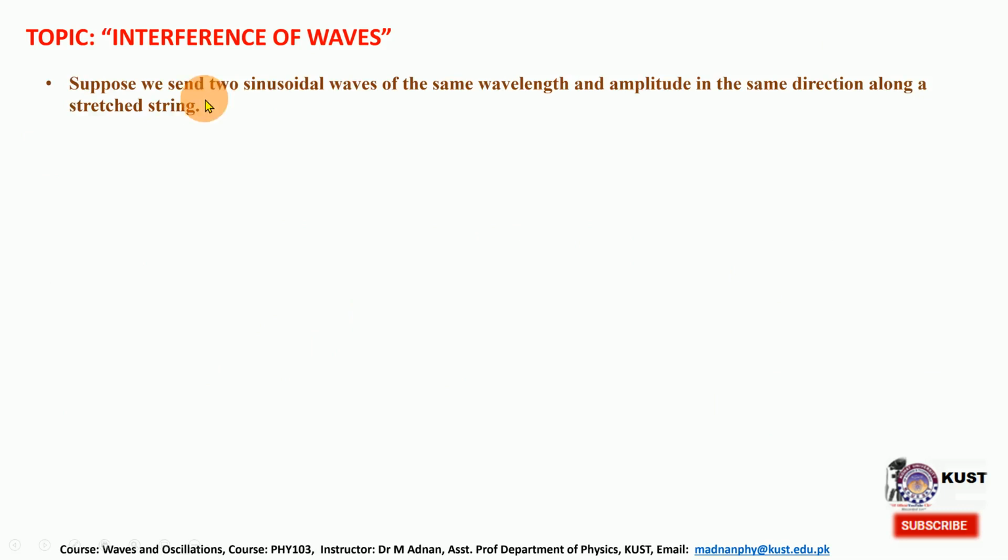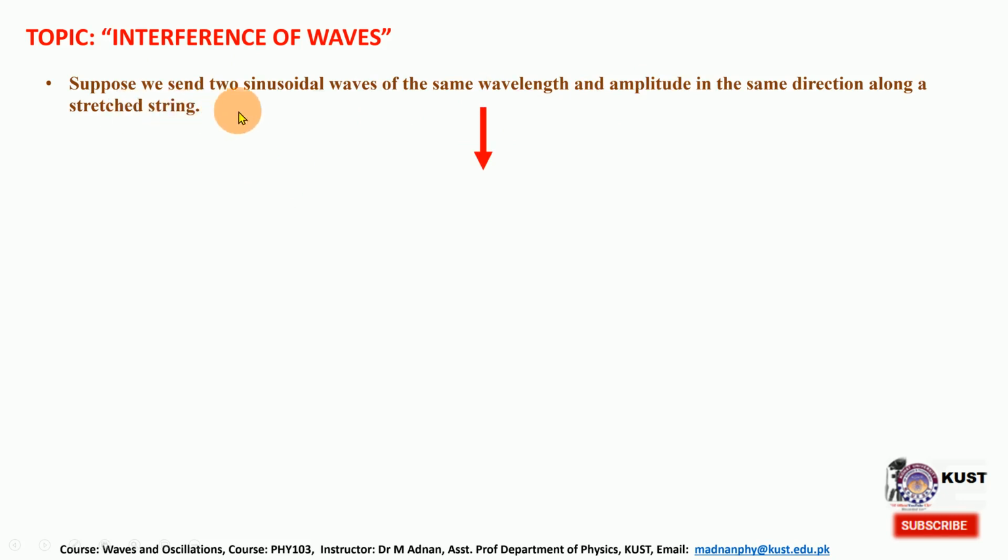So suppose we send two sinusoidal waves of the same wavelength and amplitude in the same direction along the stretched string. Remember, in the next lecture we will be describing this interference, or we can say the addition of waves having different amplitudes, but in this topic we are considering waves of the same wavelength and amplitude.